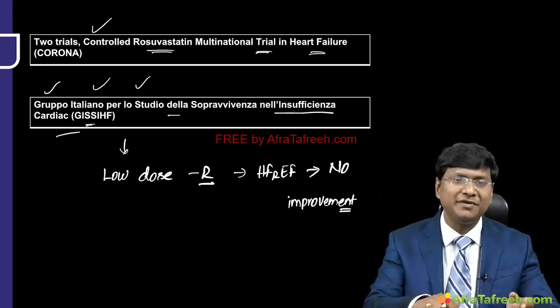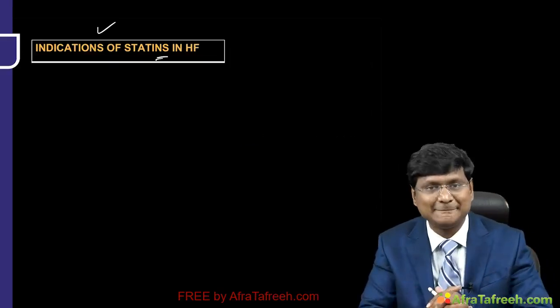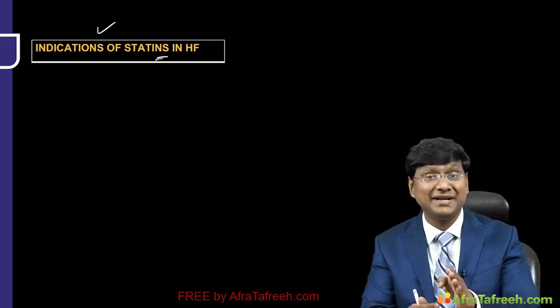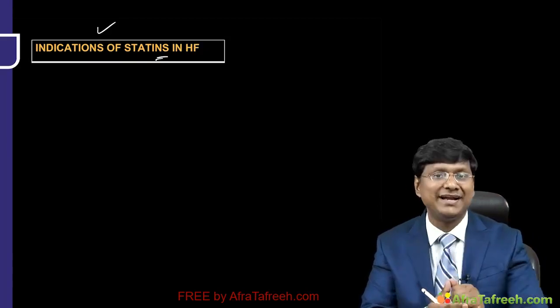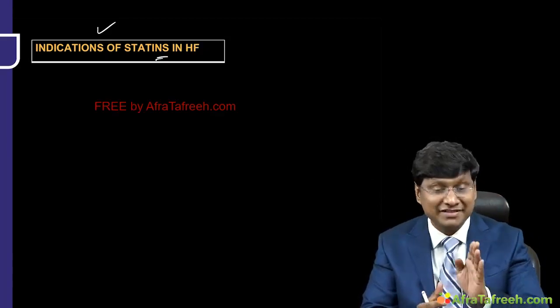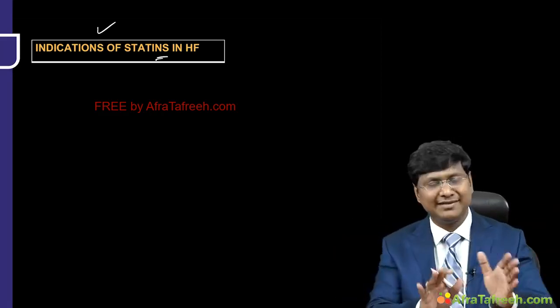But in which group of individuals can you give them? The indication of statins in heart failure is if statins are required to treat progressive atherosclerotic vascular disease, or if there is significant dyslipidemia with the background history of heart failure, then you give that.